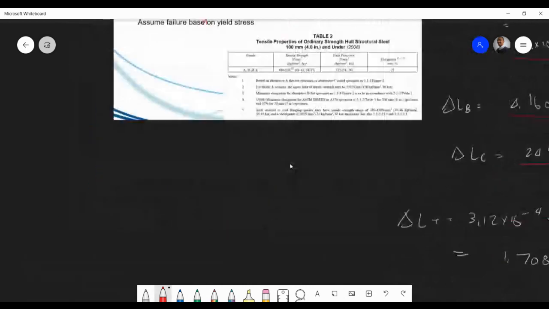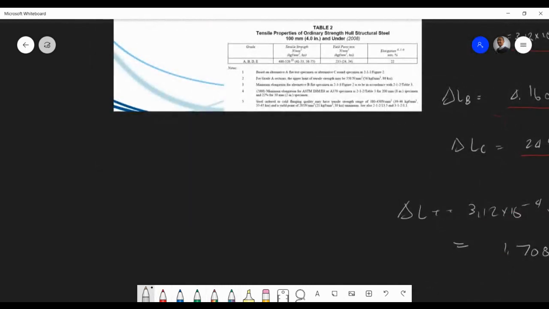So what I want you to do is pull up a table with 3 columns: section, stress, and condition.